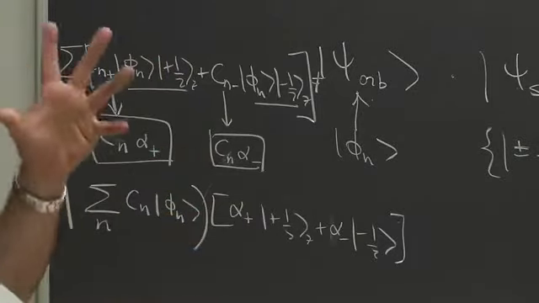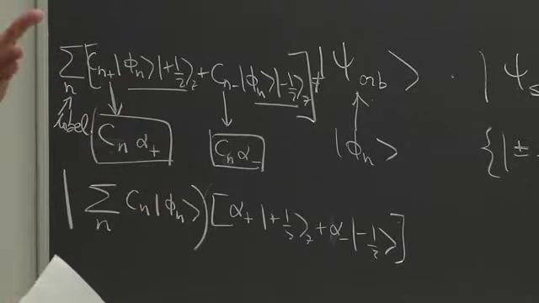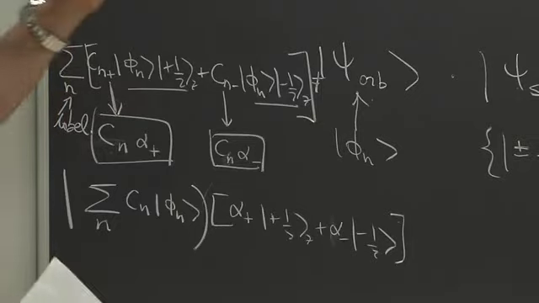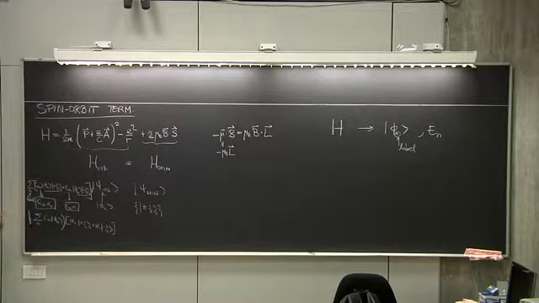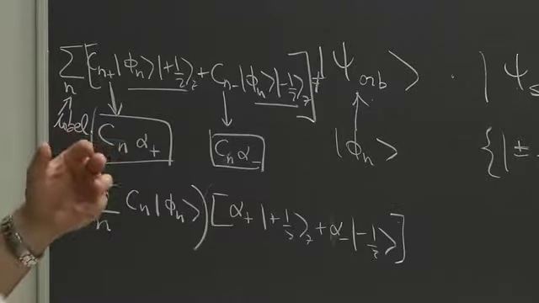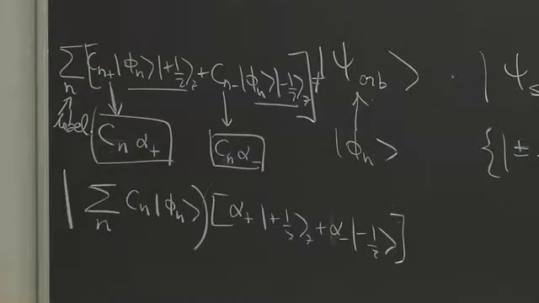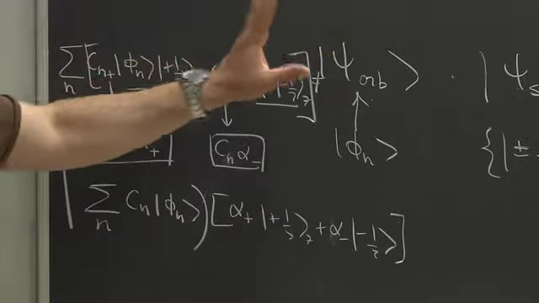What I really mean is that whenever I don't explicitly need to make reference to a specific problem where I should specify all labels, I often use this generic label n, which doesn't mean the principal quantum number of the hydrogen atom. It means any label. This might be a very complicated Hamiltonian, and the argument would be identical.